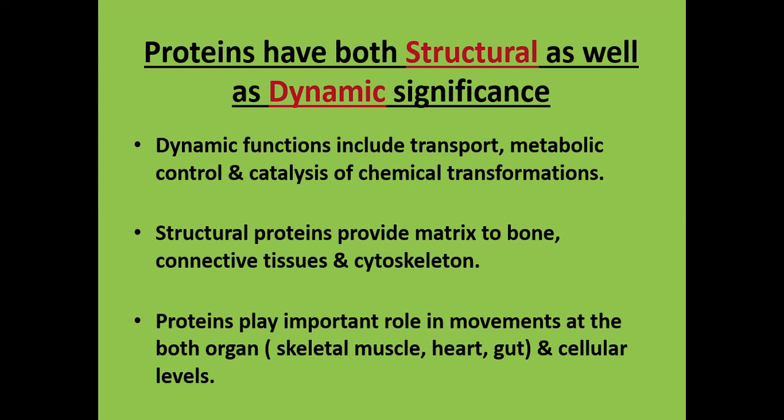Then proteins play a role in blood clotting, like fibrinogen, and rhodopsin plays a role in vision. Then we have the regulatory proteins, which function as repressors and inducers. Then we have many hormones which function as proteins, like insulin, glucagon. There's a large variety of hormones. Then we have contractile proteins that perform mechanical work.